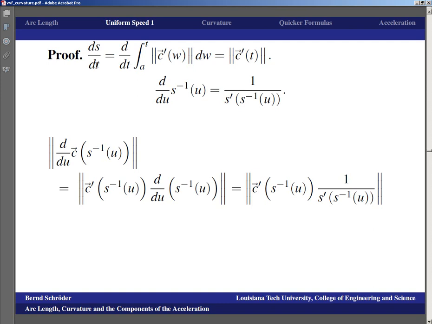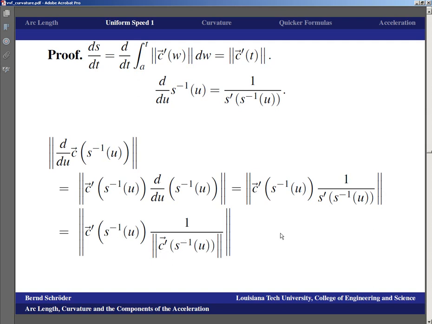But what was s prime? s prime was the norm of c prime. So this is c prime of s inverse of u times 1 over the norm of c prime of s inverse of u. Now I can pull the 1 over the norm of c prime of s inverse of u out, and the norm of c prime of s inverse of u over itself is 1, which means that this derivative really is 1.